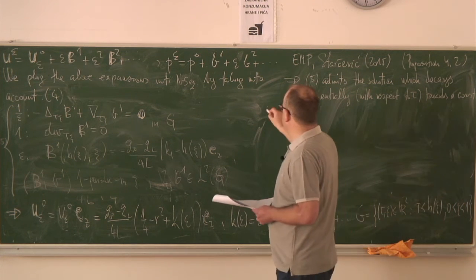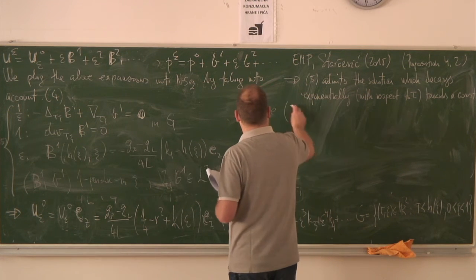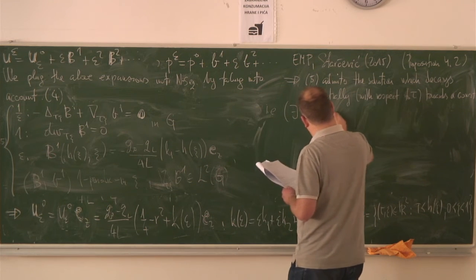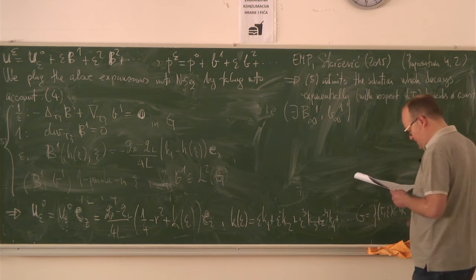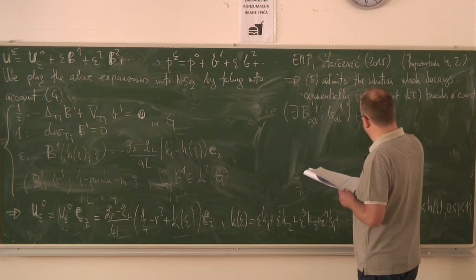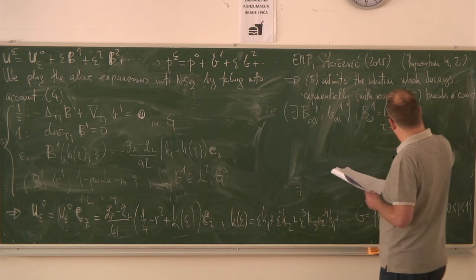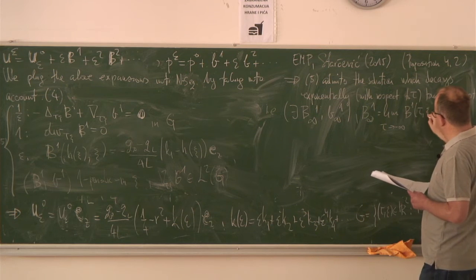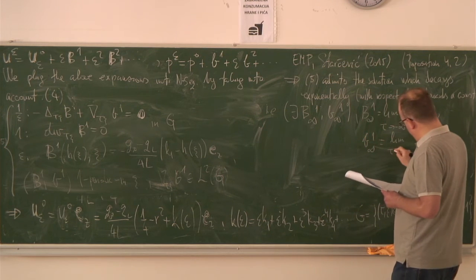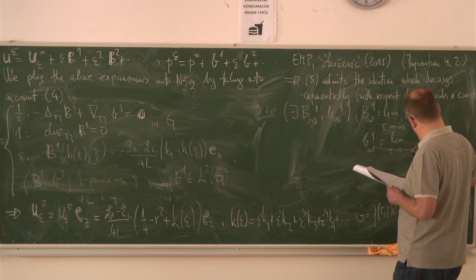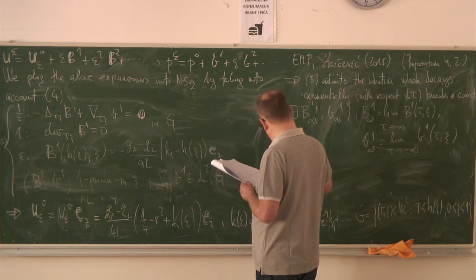So let me put this formally. There exist constants, stabilizing constants denoted by this subscript here, such that we have the exponential decay towards this constant.